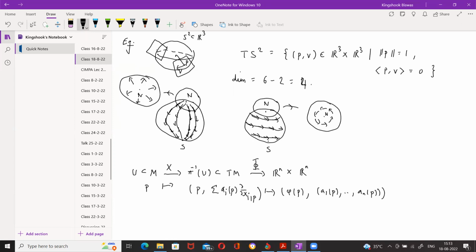So to say that X is smooth means that when I compose with a chart, this is smooth. That's the same thing as saying that a_1 to a_n is smooth, right?